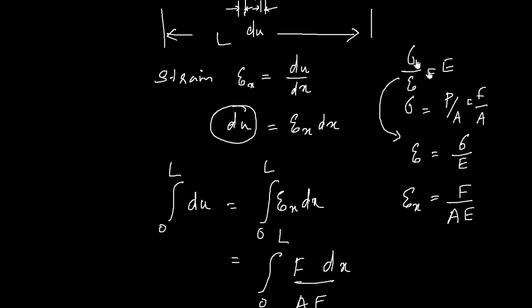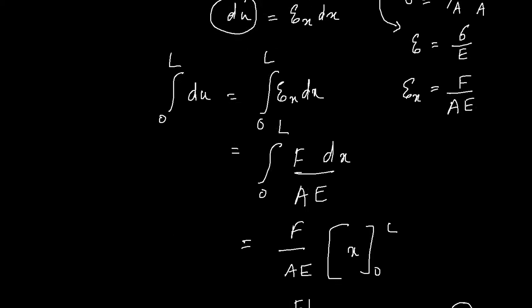We also have stress over strain is Young's modulus, and the stress is force F over area of cross section of the bar. You can substitute this relation and get epsilon equal to sigma over E, where sigma is F by A. So strain epsilon is equal to F by AE.